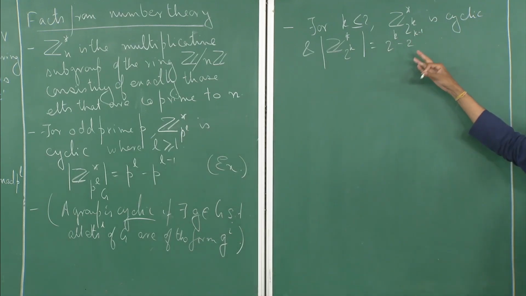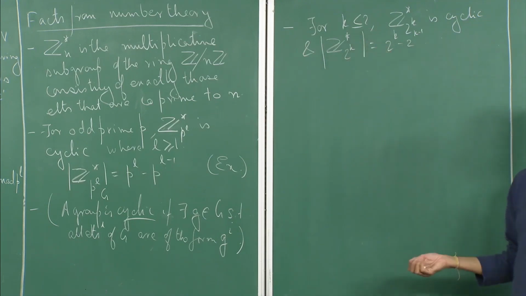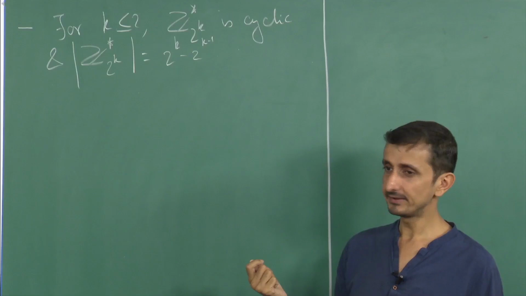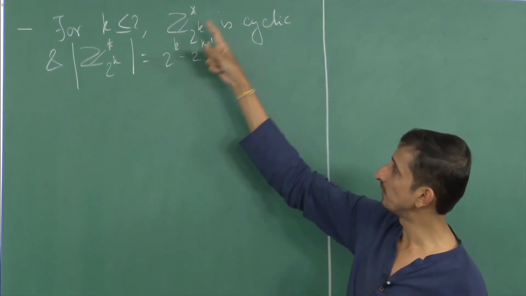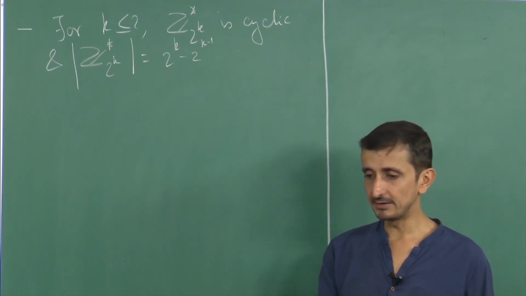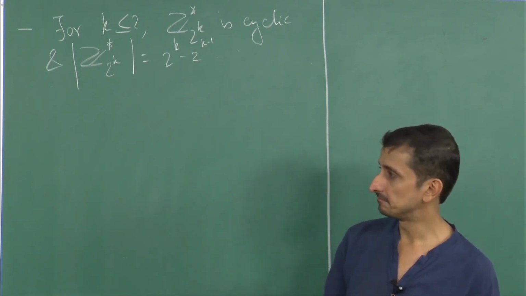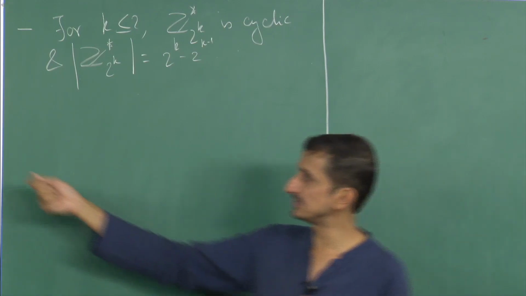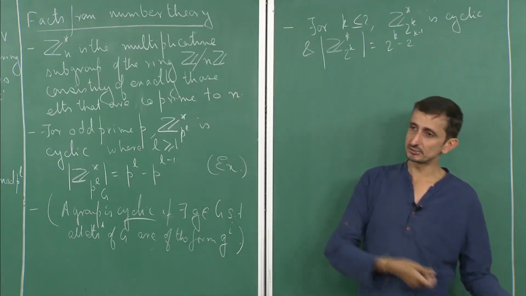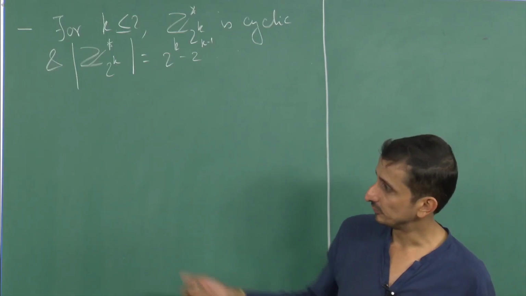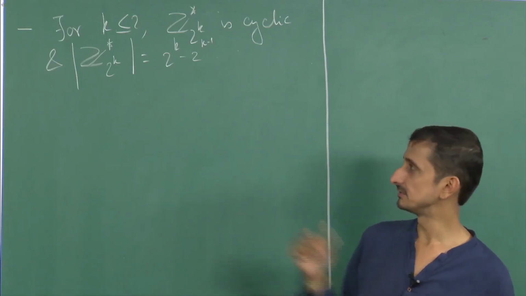This is actually very trivial to see. When k equals 1, what is the group? It is just the identity, it has a single element. 2 to the power 1 is 2, so the elements in Z mod 2 are 0 and 1, and 0 is not there in the multiplicative group, since 0 does not have an inverse. So the only element is 1.